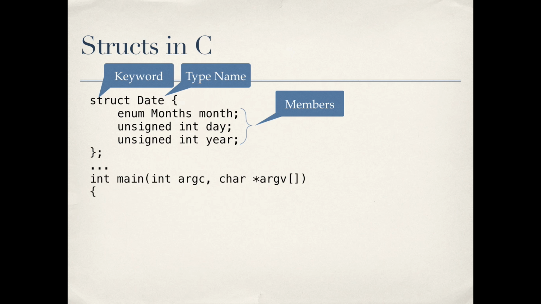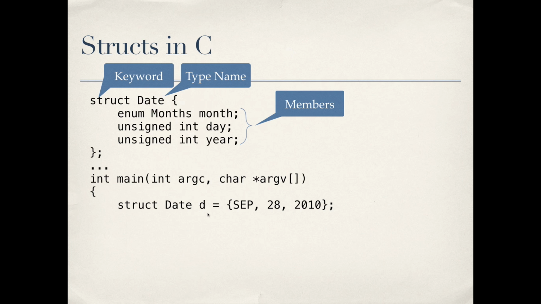Now, how can we use it? There is a slight difference again to C#. We have a variable of type struct date, and like with the enum, we have to write struct in front of the type name. In C# the struct keyword was not in place here, but the rest is totally the same.